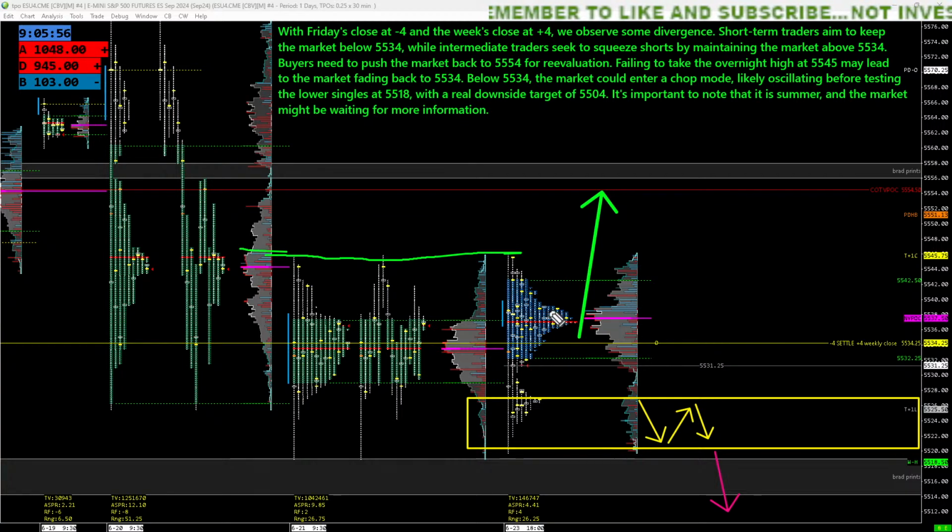Today, I really think the key is going to be this -4 settle, +4 weekly close, that 55.34 quarter. Should we get back above it, I think we do have the opportunity to catch a decent long in there. There is a possibility, right?